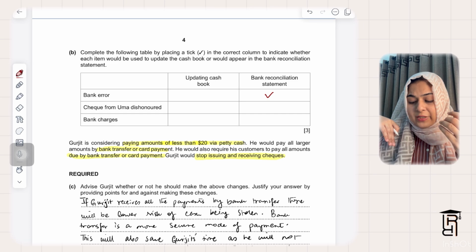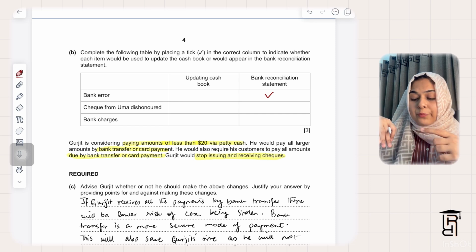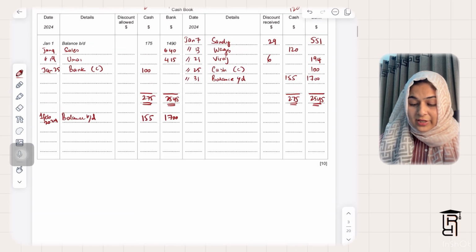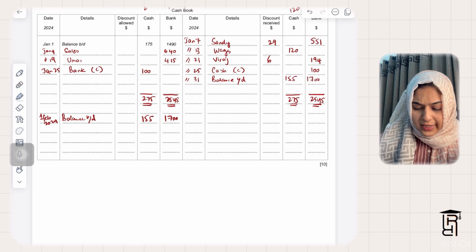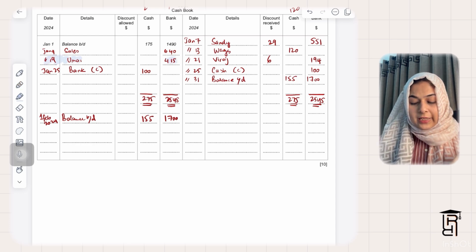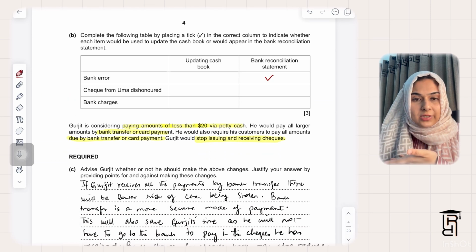Check from Omar dishonored. Whenever we receive a check, we do bank debit, Omar credit. Since we recorded this transaction when we received the check from Omar on January 19, we recorded it on the debit side of the cash book. Now when it gets dishonored, the bank knows it first, right?